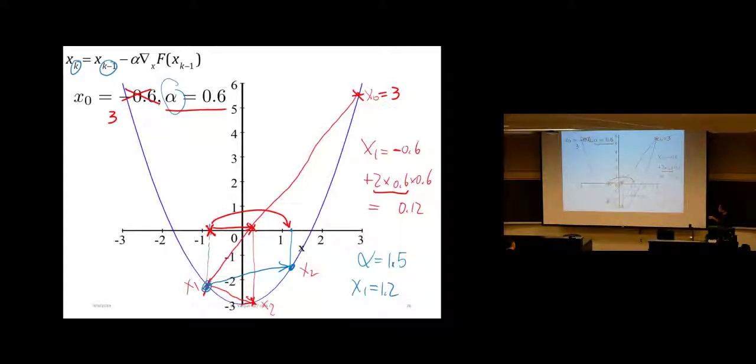But if you move to 1.5, you're going to get a point x1 not decreasing the function anymore, it actually increases the function. If x1 goes to 1.2, it's actually worse. This is actually x2, sorry. We have all the bad notations.